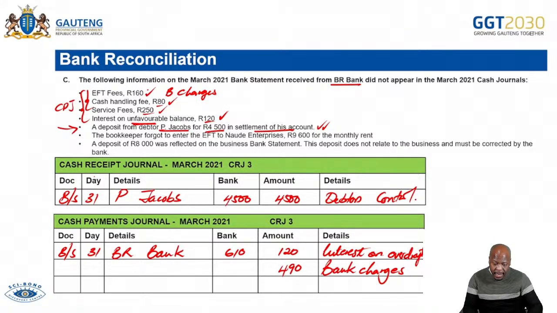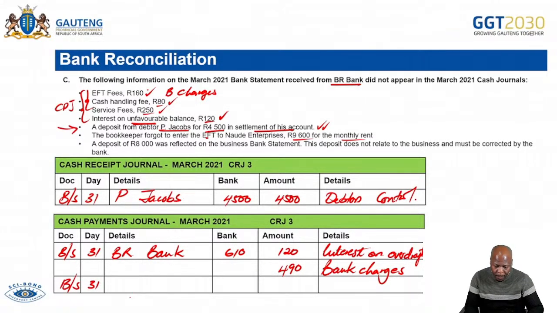Now let's read the next one. It says, the bookkeeper forgot to enter the EFT to Know the Enterprise, 9,600 for the monthly rent. Because the bookkeeper forgot to enter this amount, it's going to come to the CPJ. Remember, it's on the 31st.